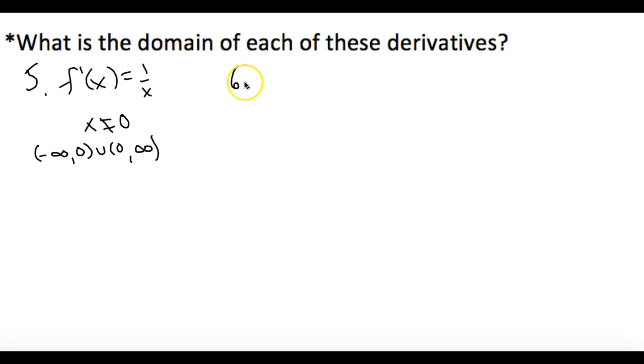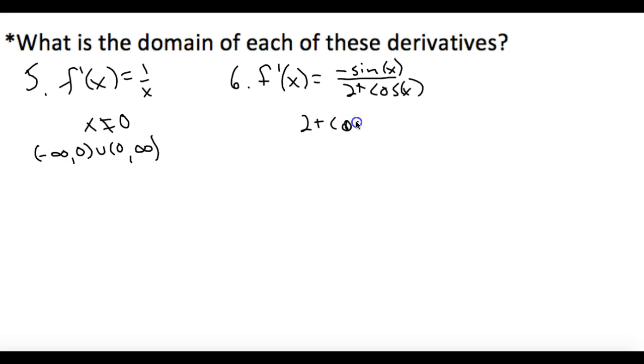For number 6, our derivative was negative sine over 2 plus cosine. So again, we want to see, well, where is my denominator going to equal 0? So I want to say 2 plus cosine cannot equal 0.